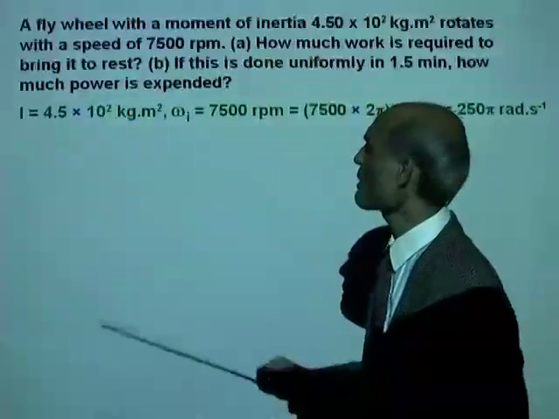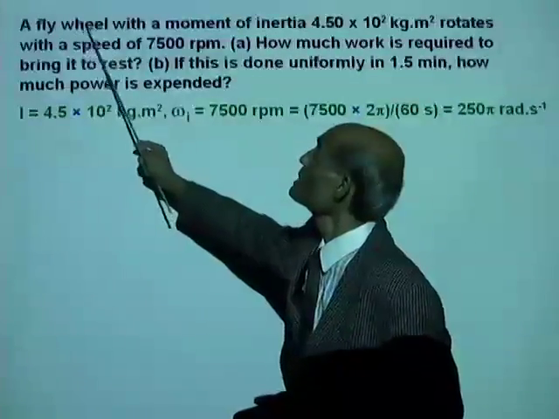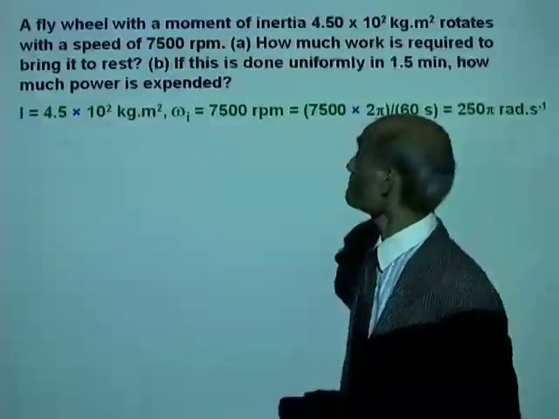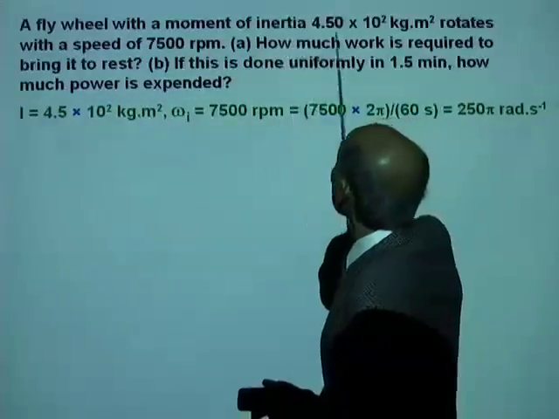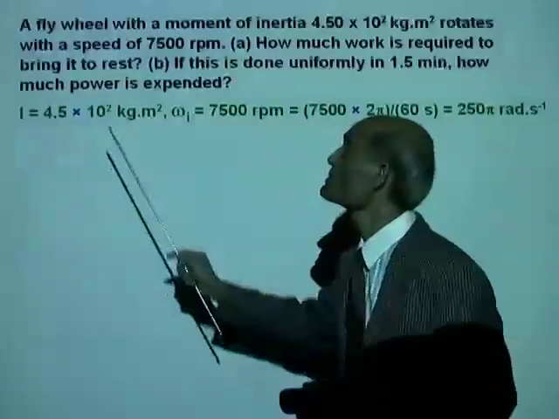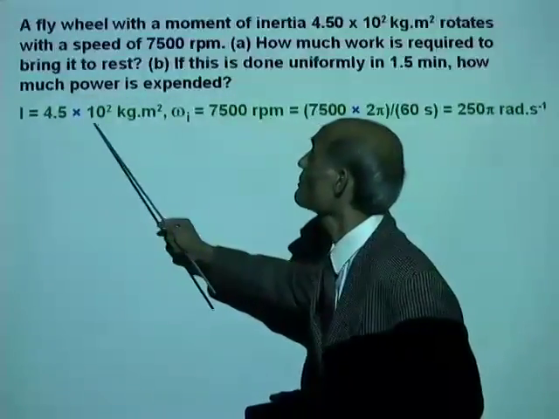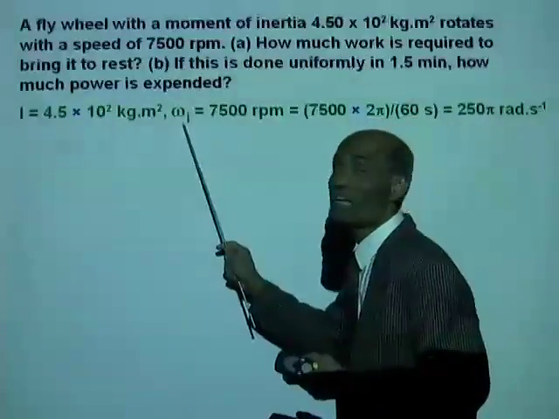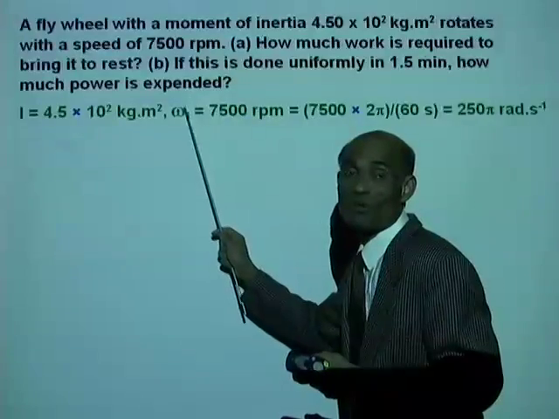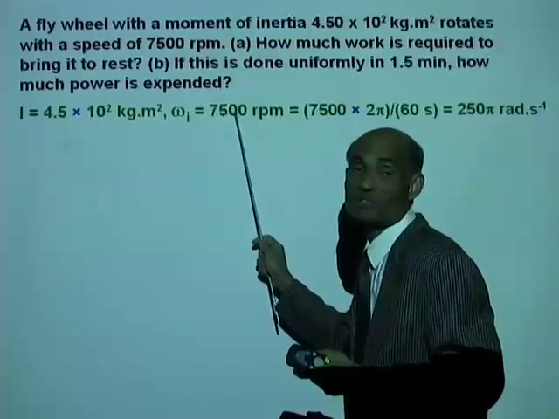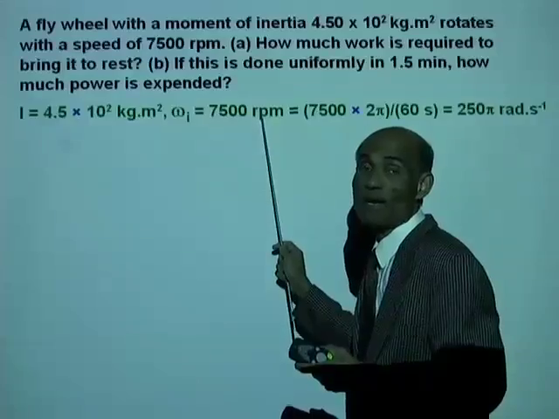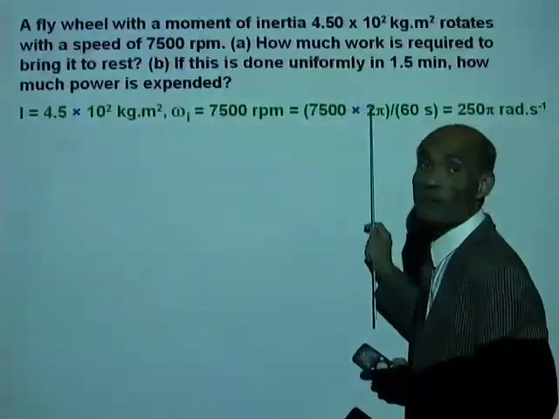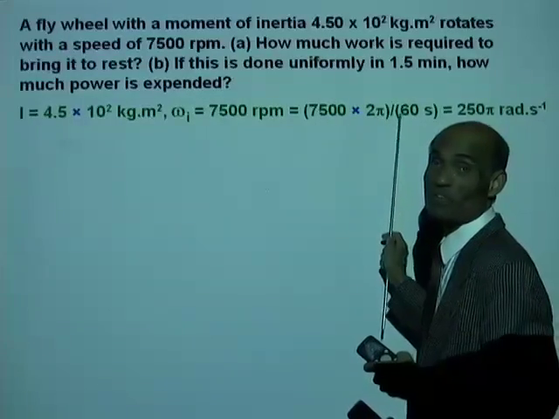It's a two-step problem. First of all, the moment of inertia of the wheel is given to us. I equals 4.5 times 10 to the power of 2 kilogram meter squared. The initial angular velocity, omega I, is 7,500 RPM. Convert that to radians per second. So multiply by 2 pi, divide by 60.